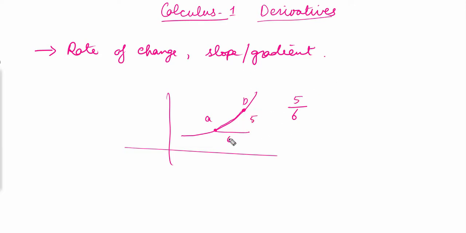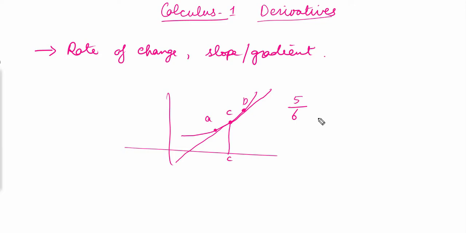Okay, so let's suppose we have to find the rate of change at this point C. So this is C over here. What we do is we draw the tangent at point C, and then we find the gradient of this tangent. The gradient of this tangent gives us the instantaneous rate of change at this particular point.